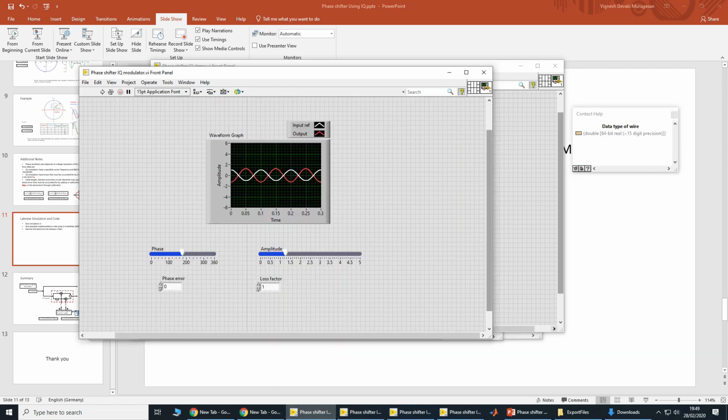Now we will see a LabVIEW implementation code which is similar to this simulation code but has some additional VIs for the Keithley source measure unit.